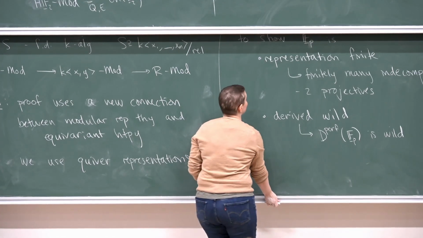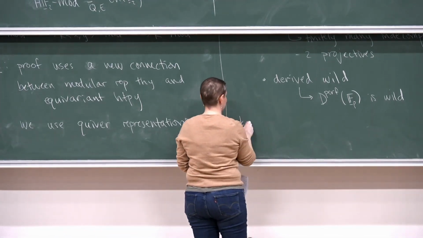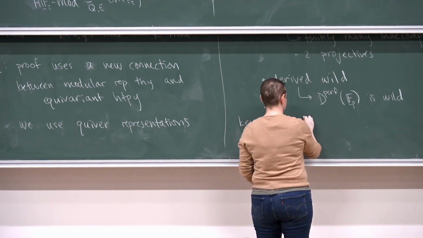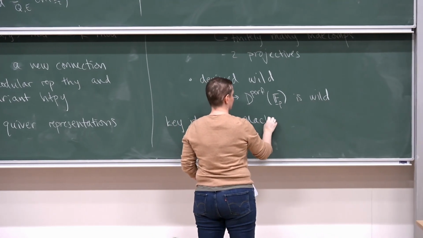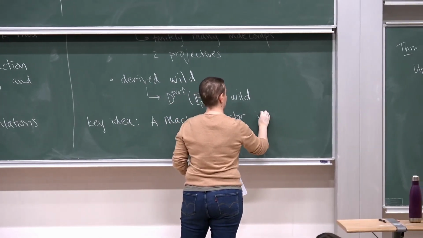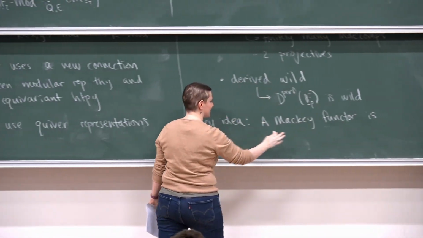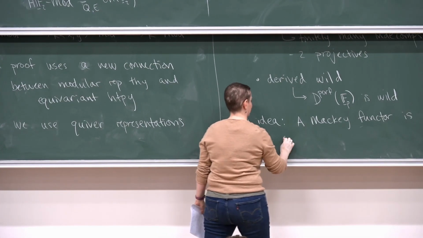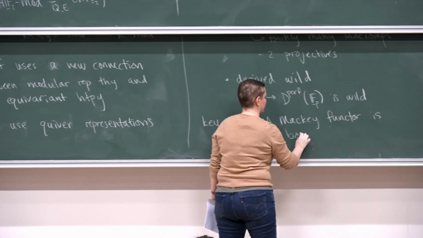Okay? And so then somehow a key idea here is that a Mackey functor is a quiver representation. In fact, a Mackey functor is a representation of a bound quiver with relations.